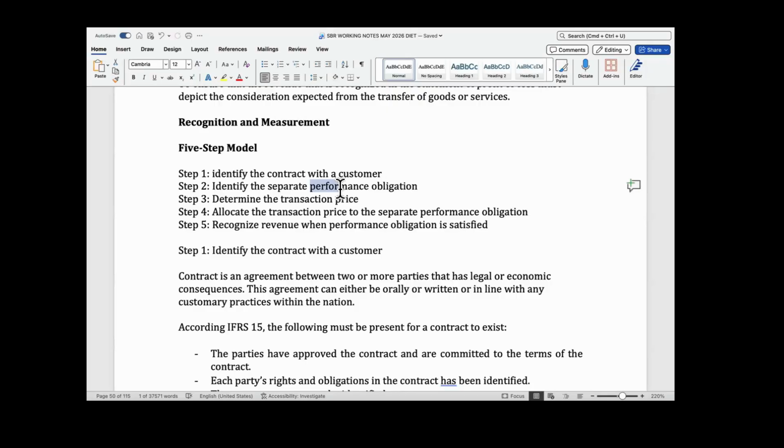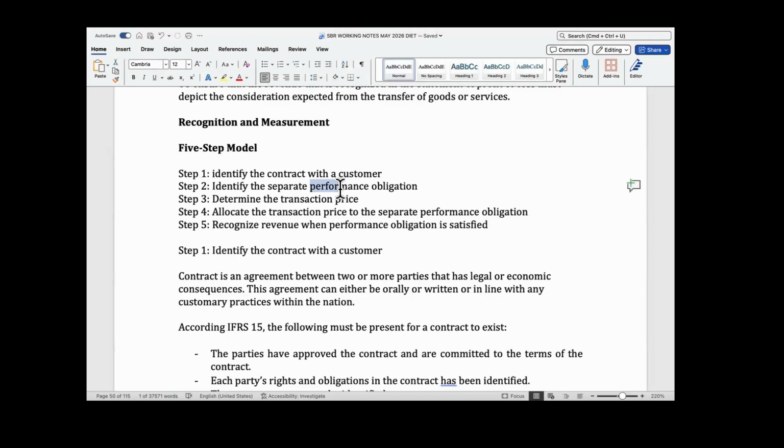You can sell the item to a customer, and they can use that item on its own without needing any other item with it, or probably they would have to use it with other resources available to them. But distinct function means they can use it on its own.